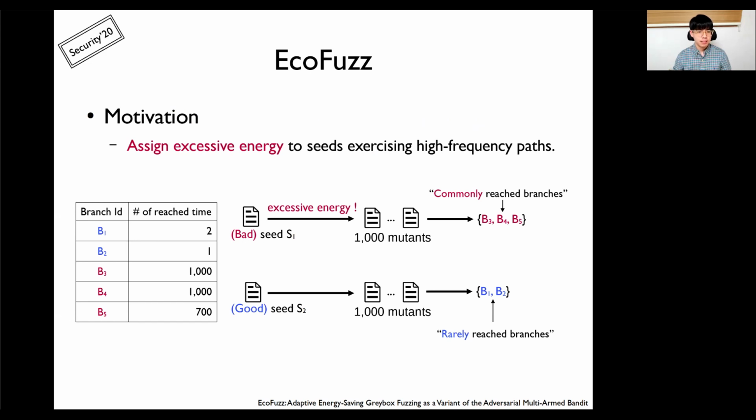And conversely, the mutants generated from S2 succeeded in covering the rarely reached branches, such as B1 and B2 in this case. Therefore, it makes sense to allocate a lot of energy to this good seed for achieving high code coverage or finding subtle bugs.